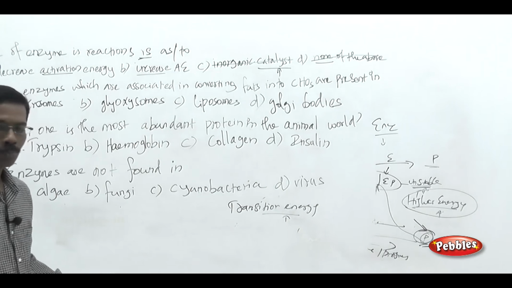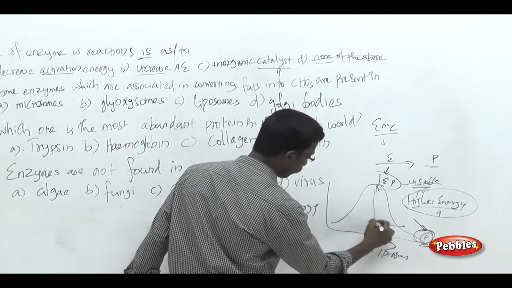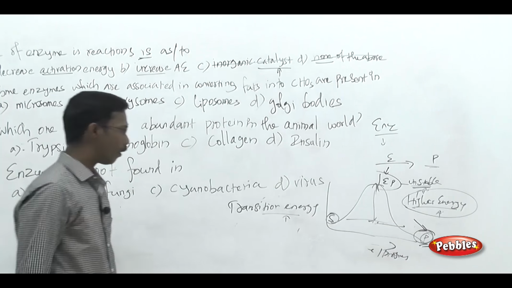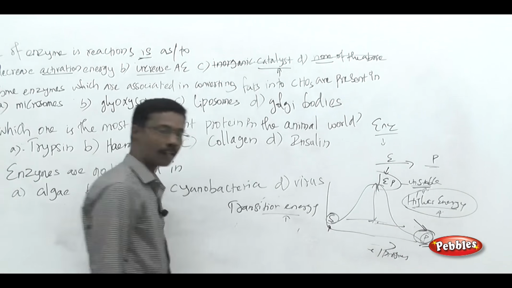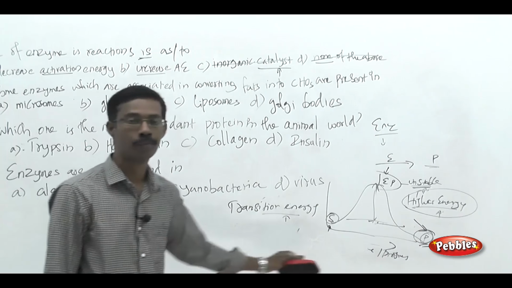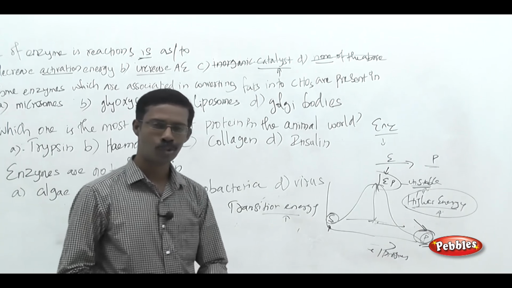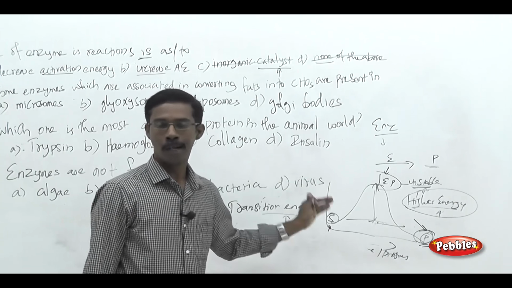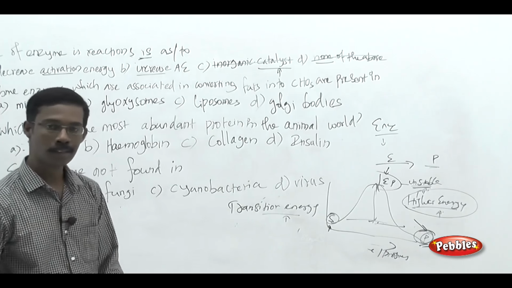We are talking about the activation energy. If the substrate is in need of higher activation energy, it will take so much time to convert it into the product. So what does the enzyme have to do over here? The enzyme has to reduce the amount of energy needed to activate the transition state.